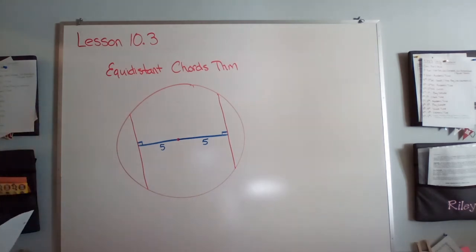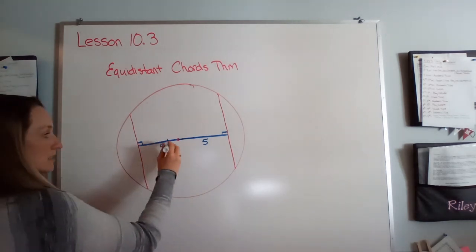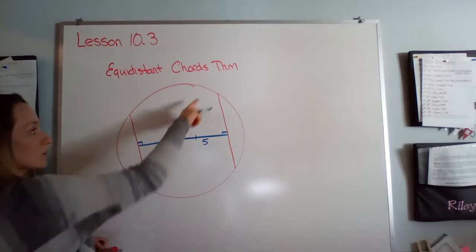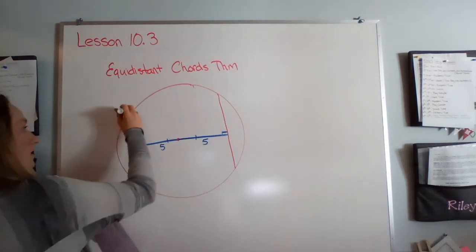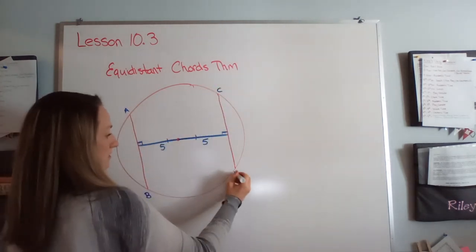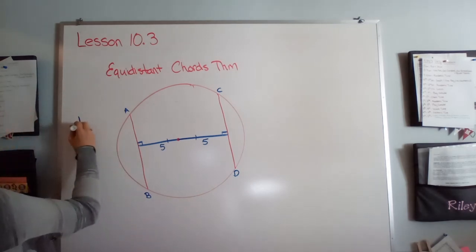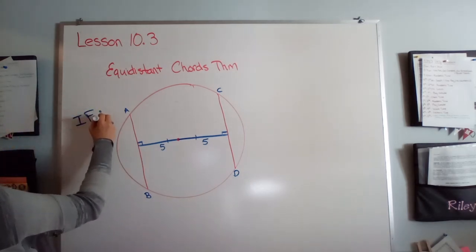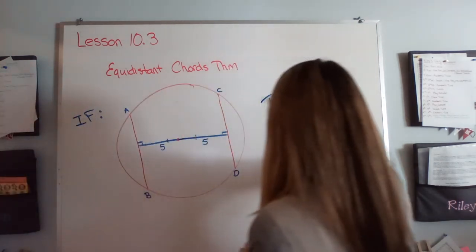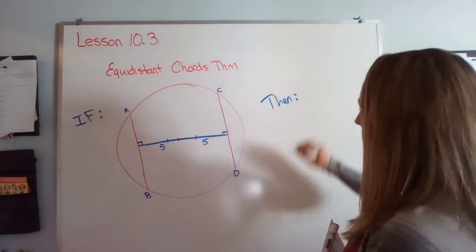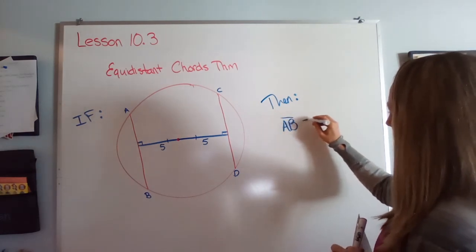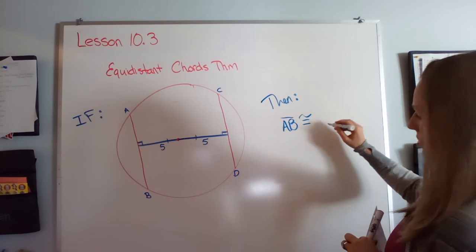If those two distances are congruent, this theorem tells me that the chords are congruent, and I'll name them AB and CD. So what you're allowed to conclude is that AB is congruent to CD.